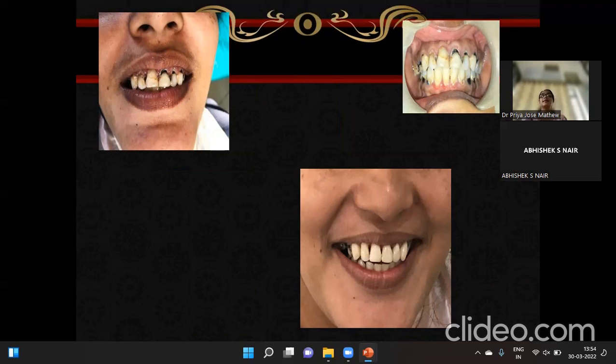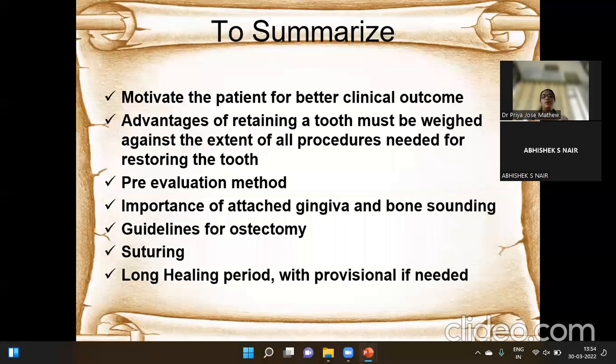But since this is a subgingival restoration, we may have to address the bone also. Now, to summarize, what are the things we have to know? First of all, we have to know that there is an option like this. So all root stumps need not be extracted.